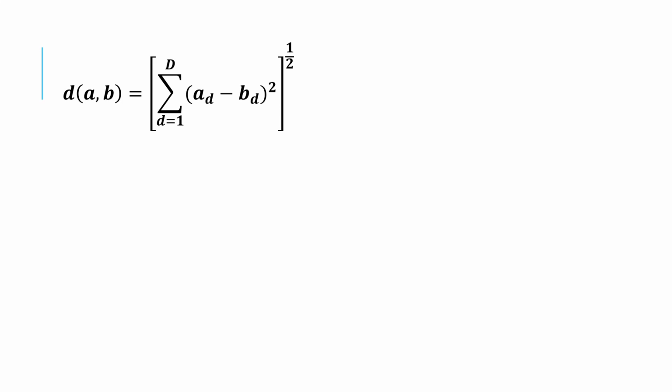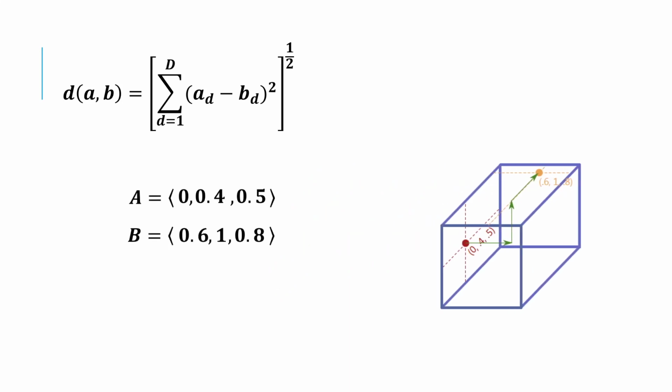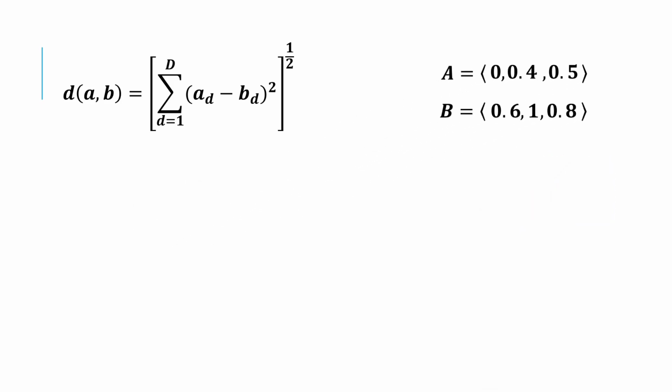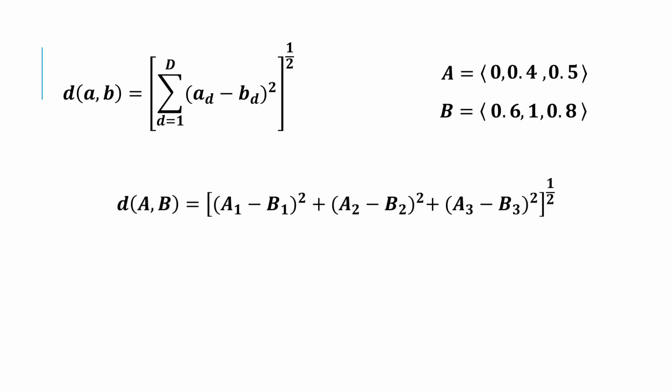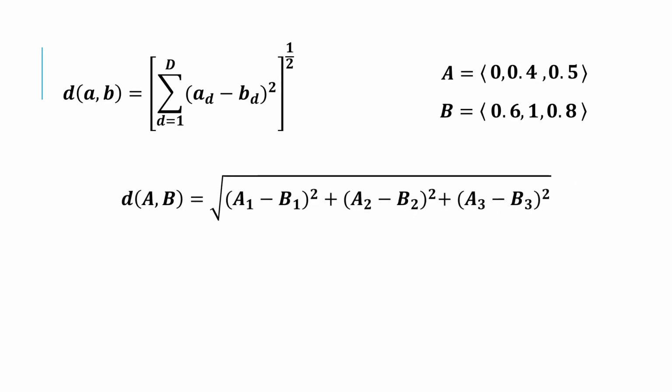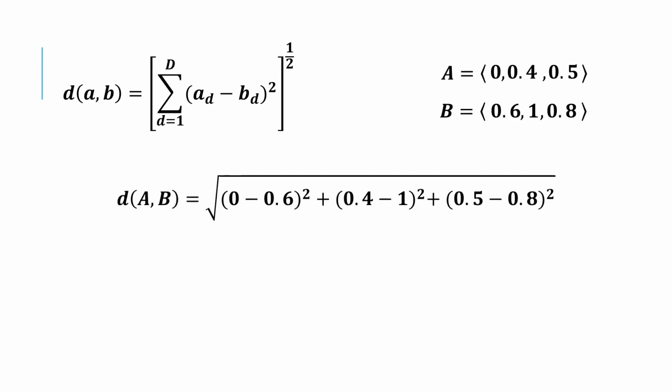Consider this three-dimensional space. So we have here two vectors a and b, and to use the equation to solve for the distance between these two vectors, first let us transform the equation so that we can use it for 3 dimensions. And then let's just use the square root form. Now we substitute the values from the 2 points to the corresponding dimensions.